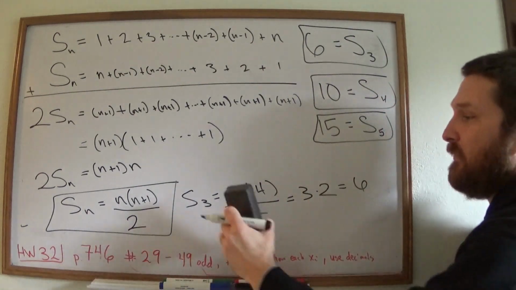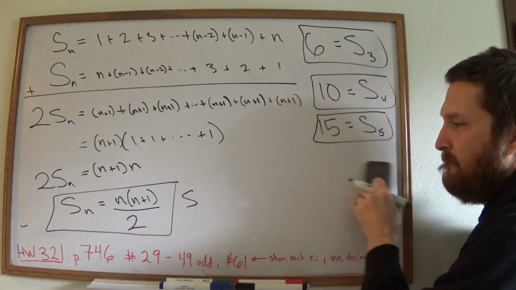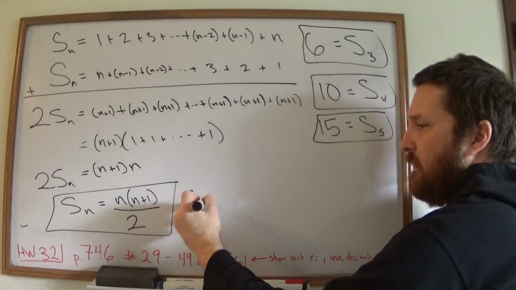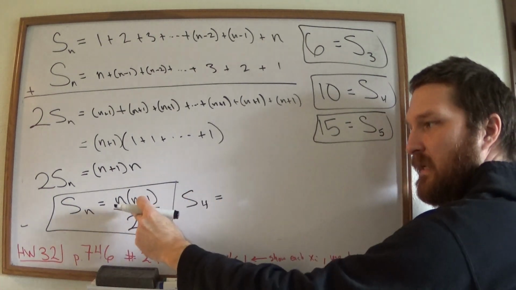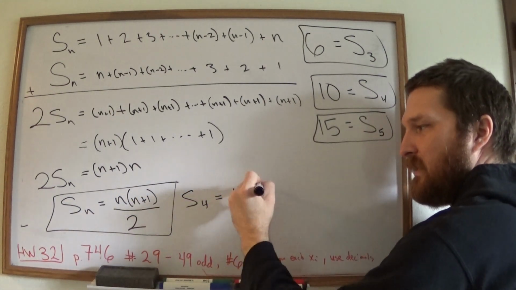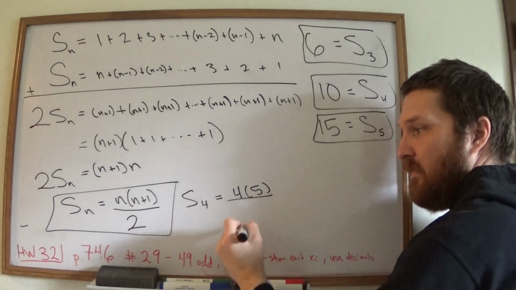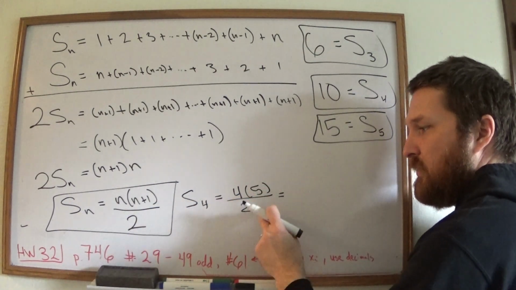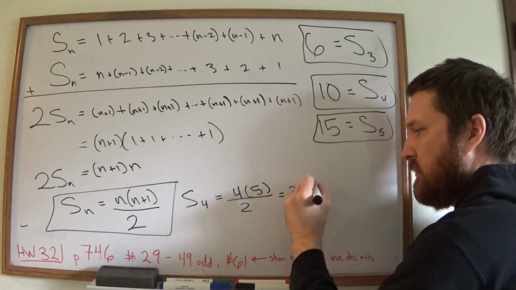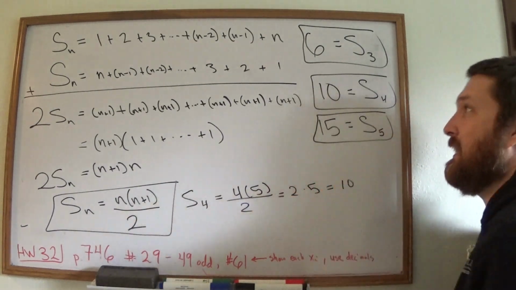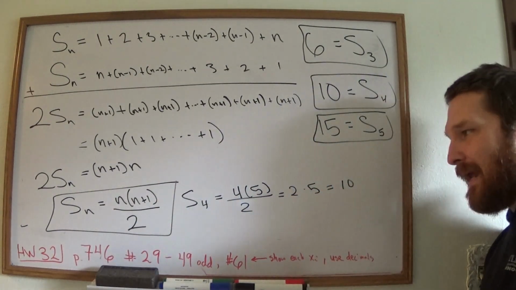Nice! Let's try it with 4. The fourth partial sum, this tells me, is 4 times the next one, 5, all over 2, which is 2, and 2 times 5 is 10. That's what we got. Nice!